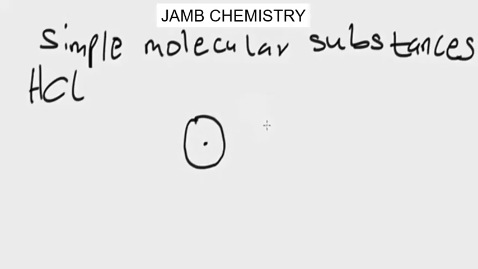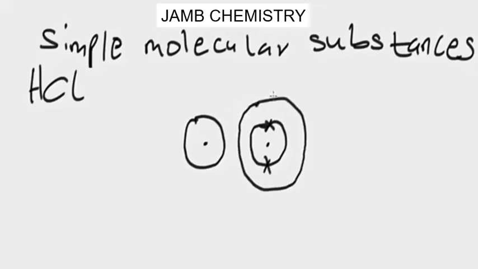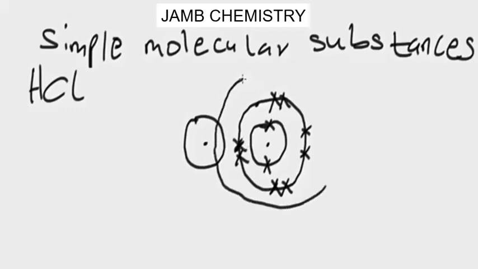Alright, so this will be the first shell for chlorine atom. It has 2 electrons. So this will be the second shell. It has 8 electrons. And this will be the third shell. The third shell has 7 electrons.